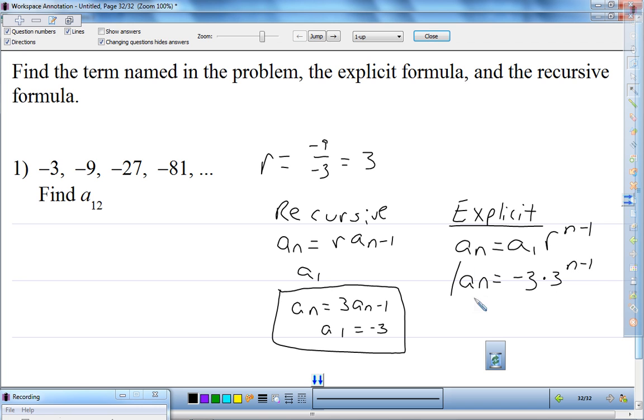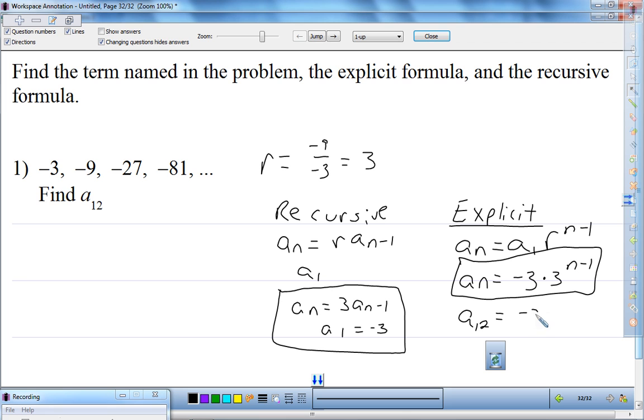So that right there is our explicit formula. You may want to put times or parentheses here so that it doesn't look like -33 to the n minus 1.